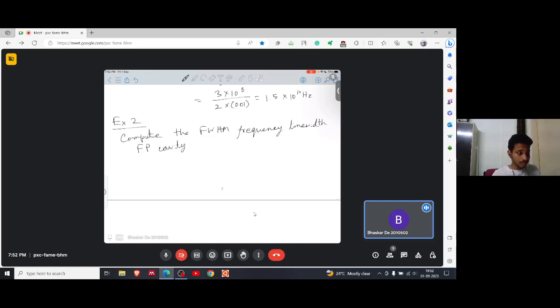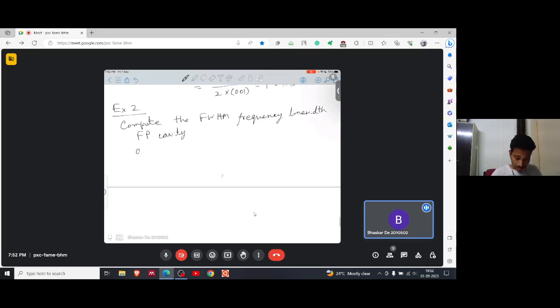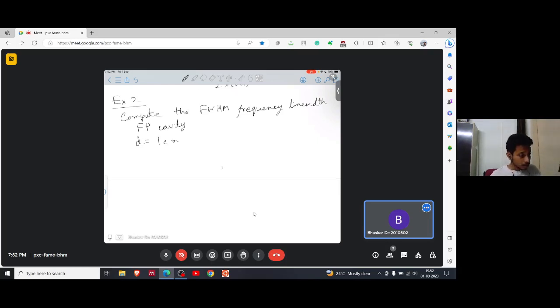The FP cavity means a Fabry-Perot cavity with two identical mirrors. The distance between the mirrors is 1 centimeter. I'll just write the values, I am not going to write the whole problem because it's not necessary. And the medium is air.